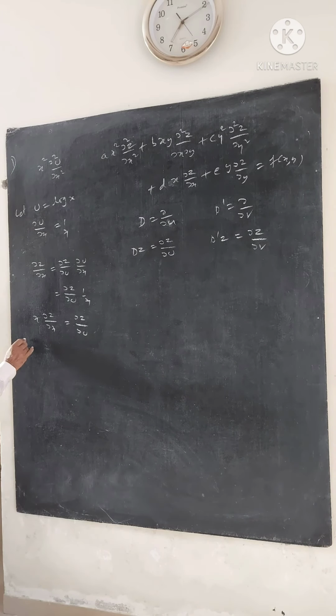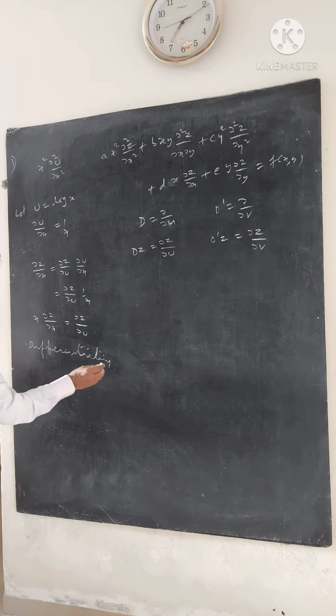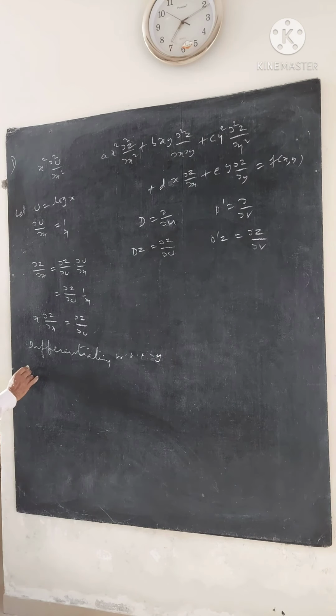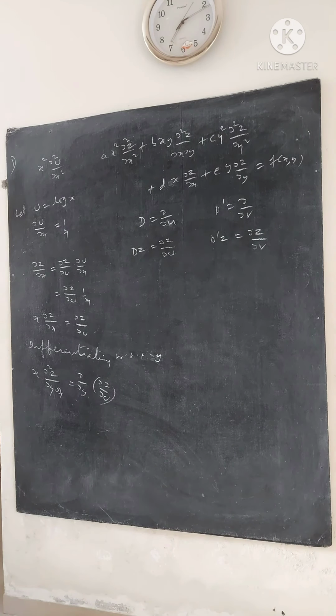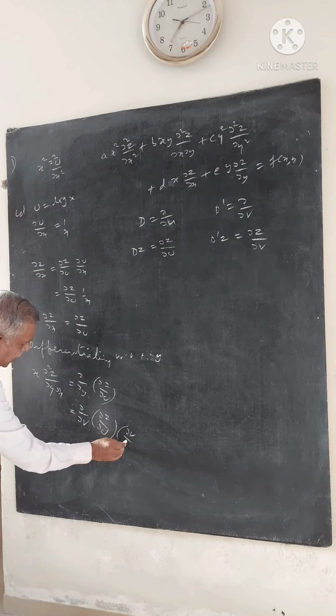Again, differentiate with respect to y. Here x is a constant, so ∂²z/∂y∂x equals ∂/∂y of ∂z/∂u, which is ∂/∂v of ∂z/∂u times ∂v/∂y.